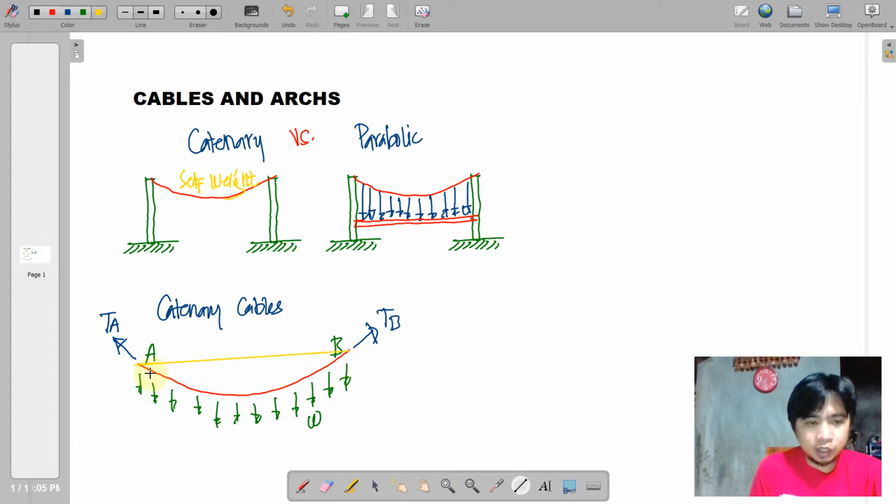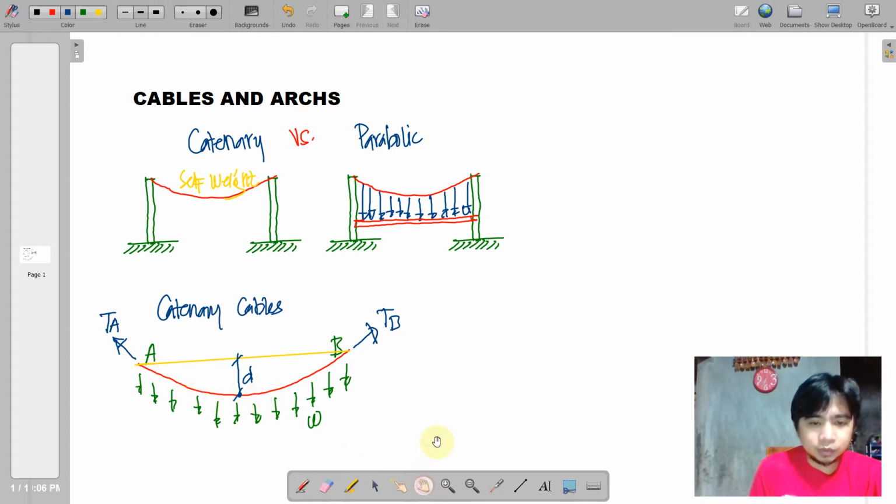Projecting a horizontal line that connects these two supports, we locate the lowest point and label that as the sag D.